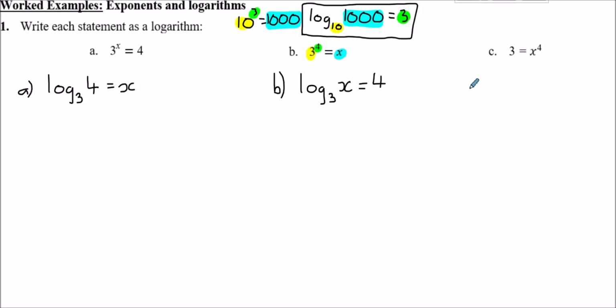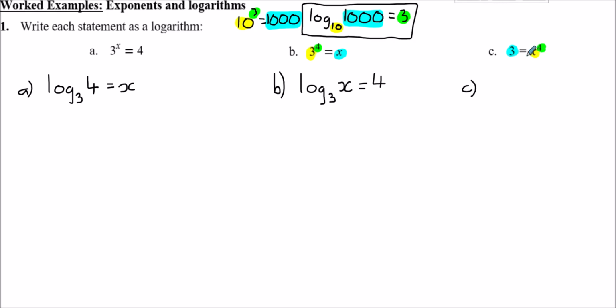And then for c, exactly the same idea, only this time it's just been written back to front. So we've got the base, which is x this time, the power, which is a 4, and the number which isn't anything to do with the power, which in this case is 3.